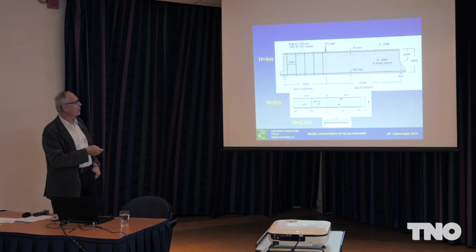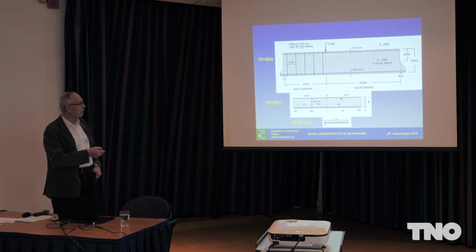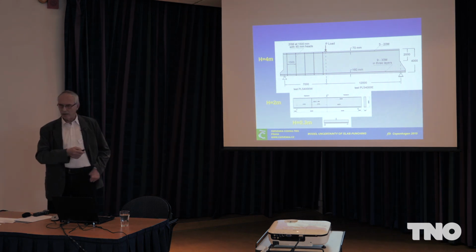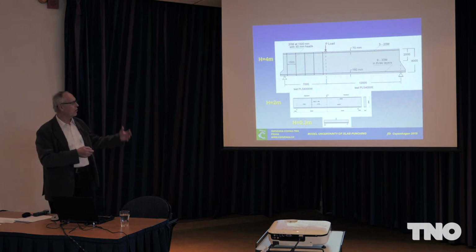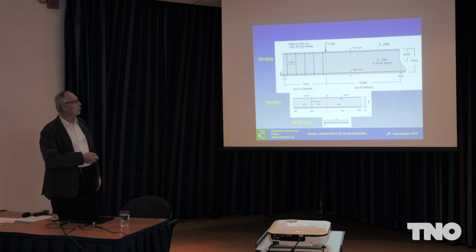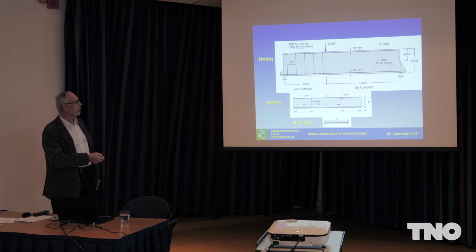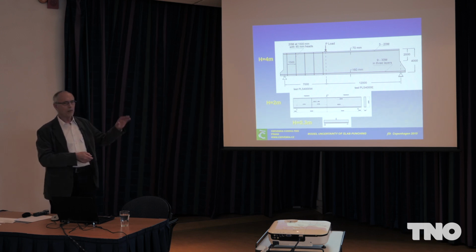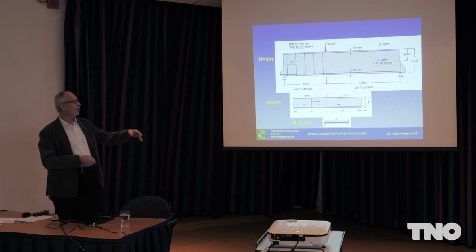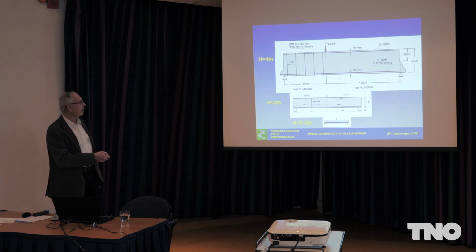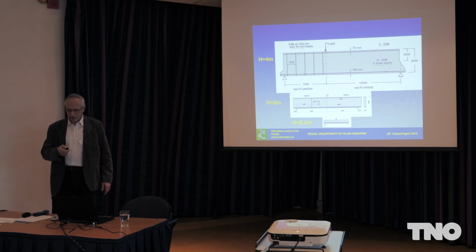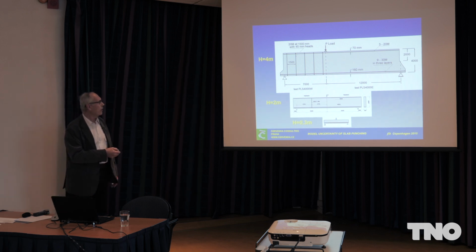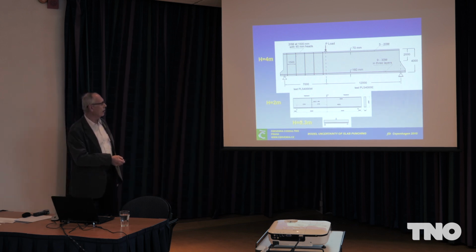So this is the test, and quite interesting that in order to save resources, they make two tests with one beam. So first of all, it fails in this weak span. When it fails, they repair it and load it again, and then they test this one. Okay, and in this series we have three sizes, 300 millimeters, 2 meters, 4 meters.